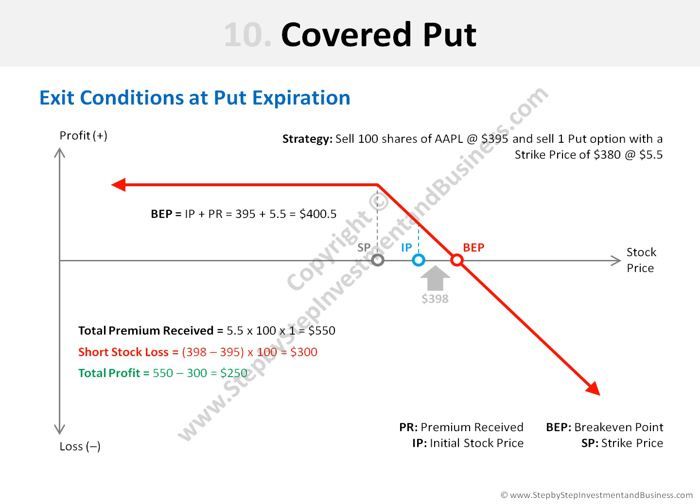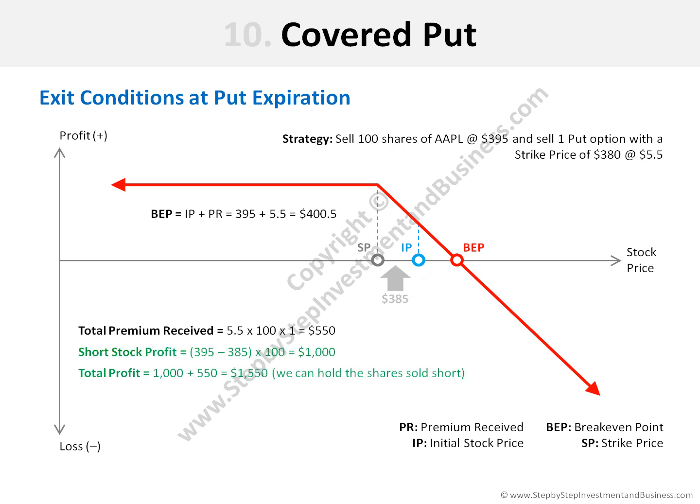In this case, $300. However, despite this loss, as we received a total premium of $550, finally, we will be making $250. Of course, as the stock price is lower than the break-even point, we are in a profitable situation.